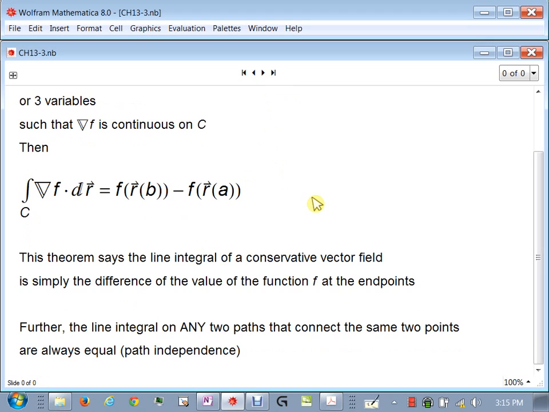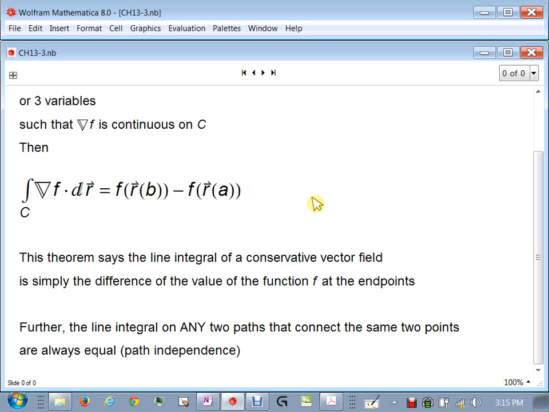Further, the line integral on any two paths that connect the same two points are always equal. Why? Remember we were talking about two different paths giving two different values for those line integrals? If that is a conservative vector field, why does the path not matter as long as the paths go to the same two endpoints?